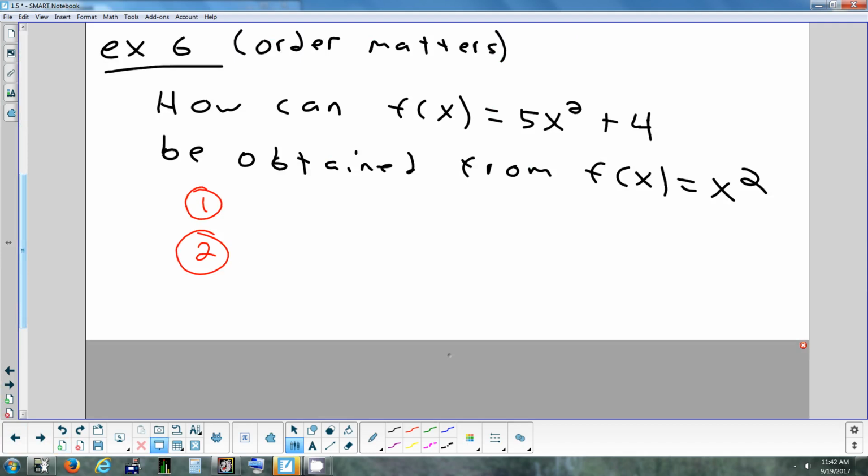It's gonna stretch the parabola. Which way? Vertical. So vertical stretch by how much? 5. Yes, vertical stretch by a factor of 5.